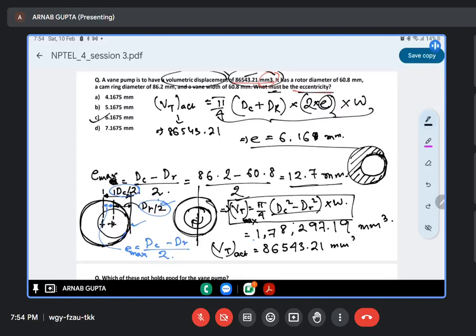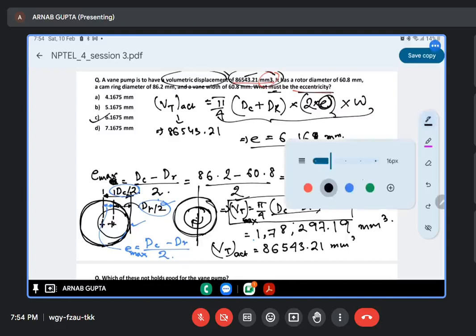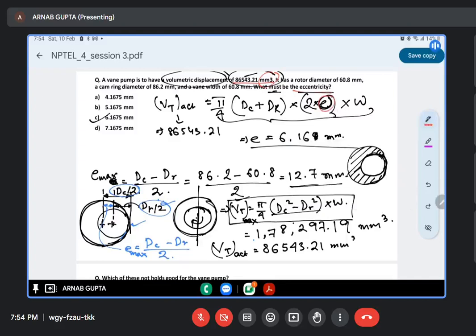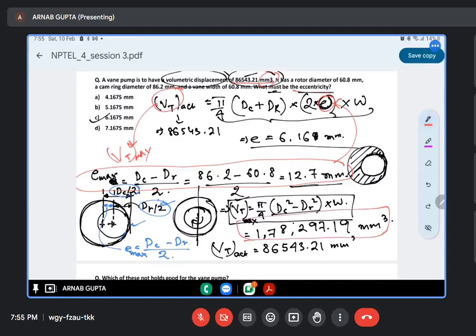So if we substitute the value of E max here, in place of this E, the maximum eccentricity, then the Vt will be Vt maximum. That is nothing but this value, right? But we are seeing that we are having a value of eccentricity that is less than the maximum eccentricity. After solving, we see that 6.16 mm is less than 12.7 mm.